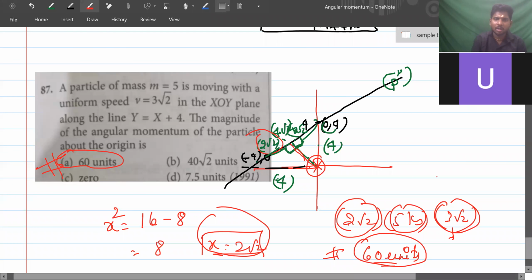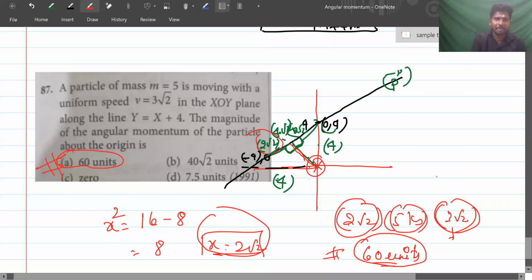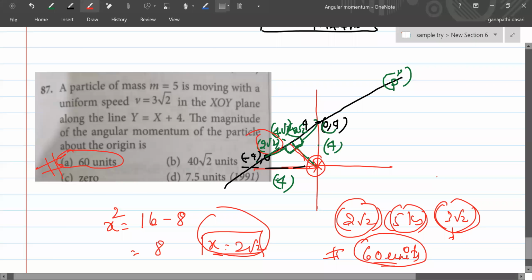The other way: what is your formula for the perpendicular distance? Tell me the mathematics formula. It is ax plus by plus c by under root of a square plus b square, to find the distance from the origin.